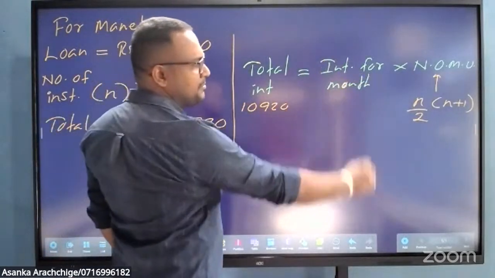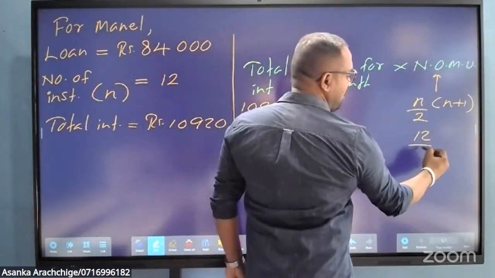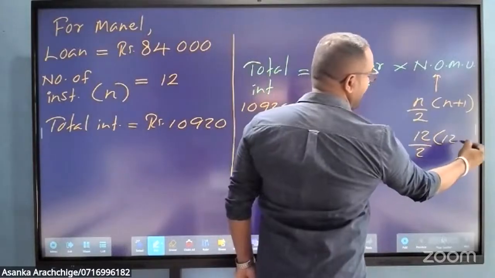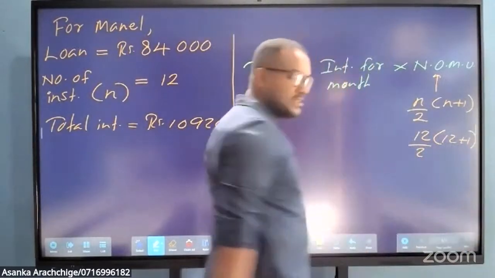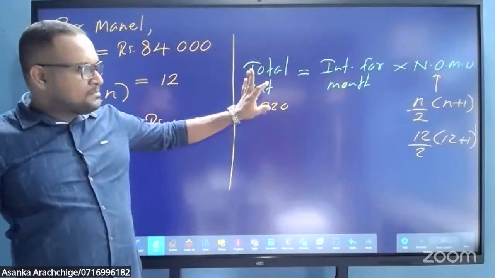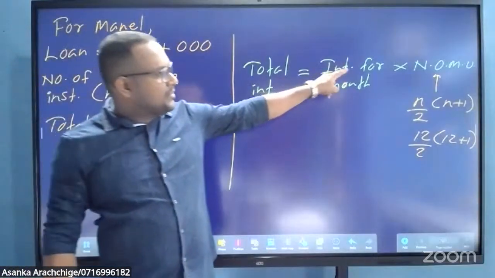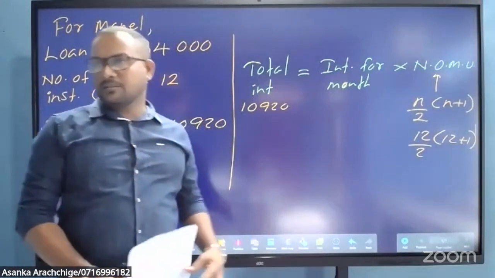Number of month units is here 12 upon 2 times 12 plus 1. Is this clear? Then, by substituting these values in this equation, you can find interest for a month.